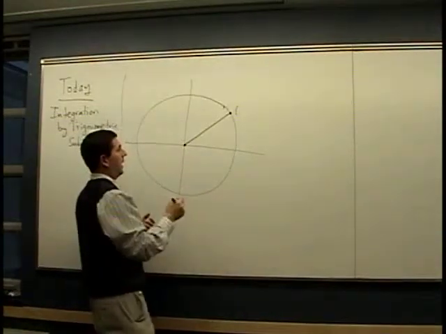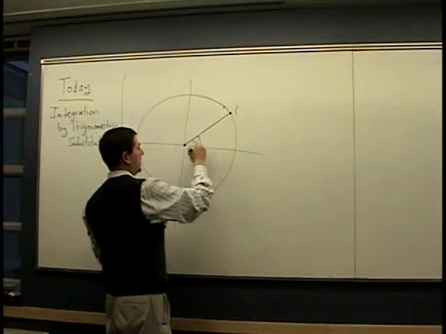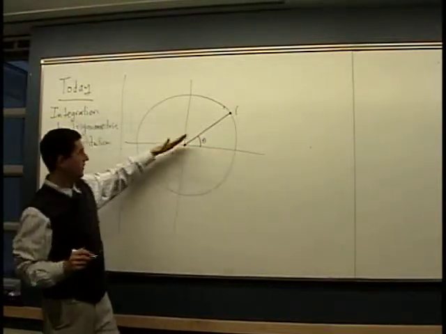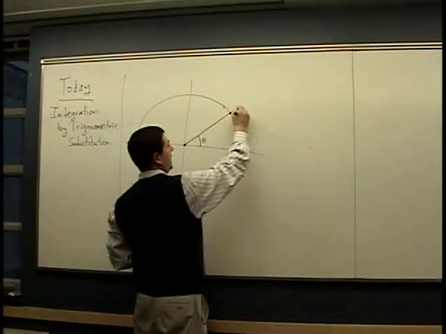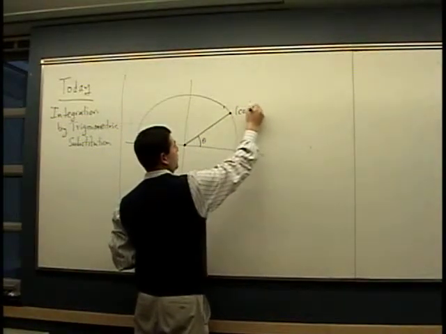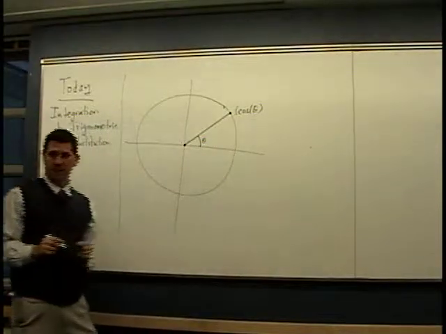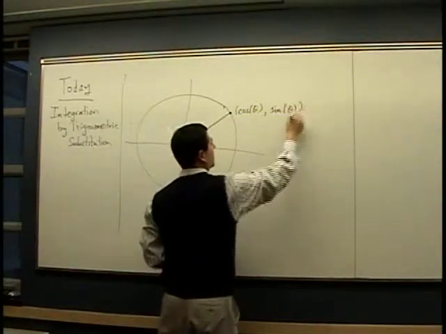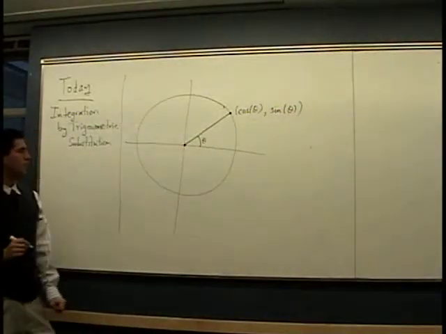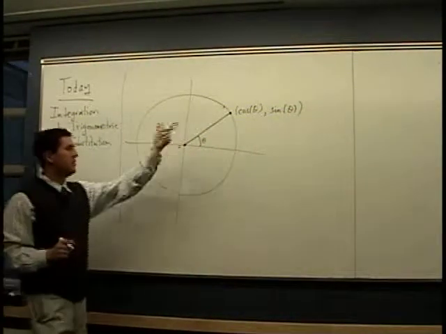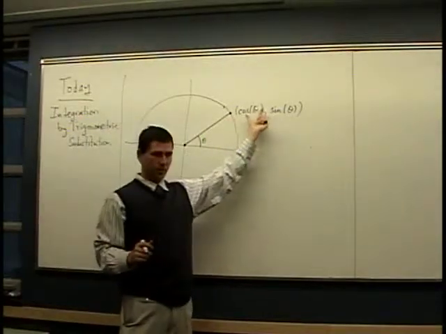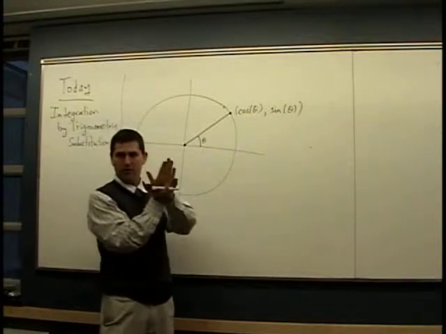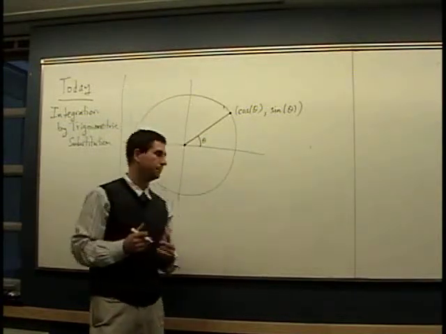We defined those coordinates in terms of the angle between the x-axis and this ray. Whatever the x-coordinate of that point is, you call the cosine of that angle, and the y-coordinate you call the sine of that angle. And then we showed that this gave you something which, at least between 0 and 90 degrees, was equivalent to how you define cosine and sine for a right triangle.